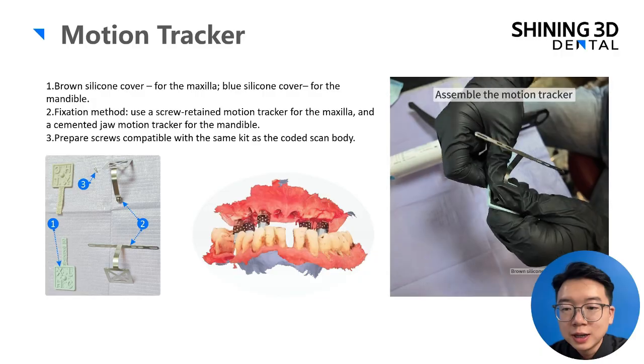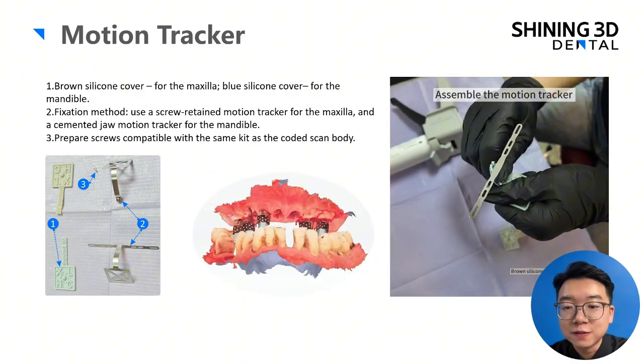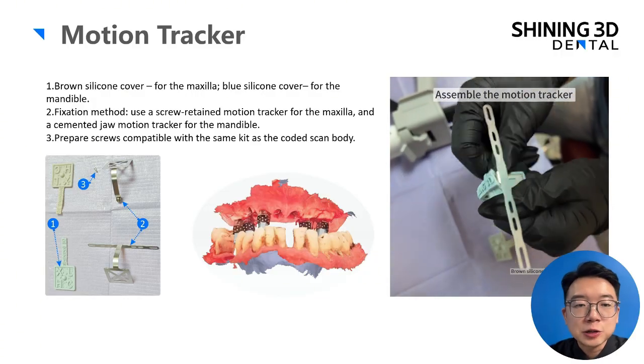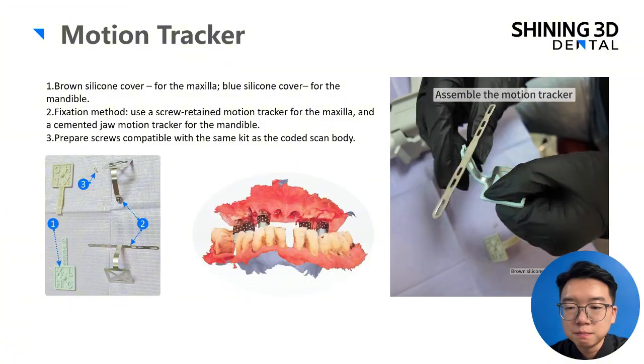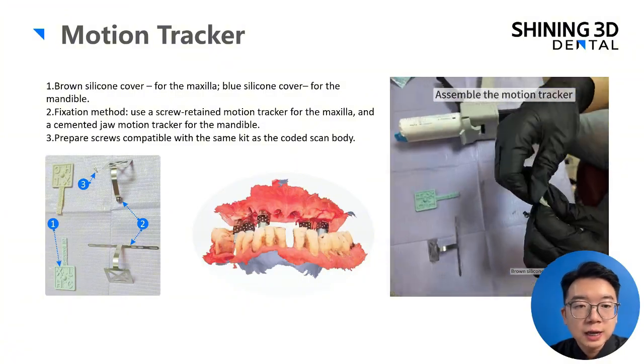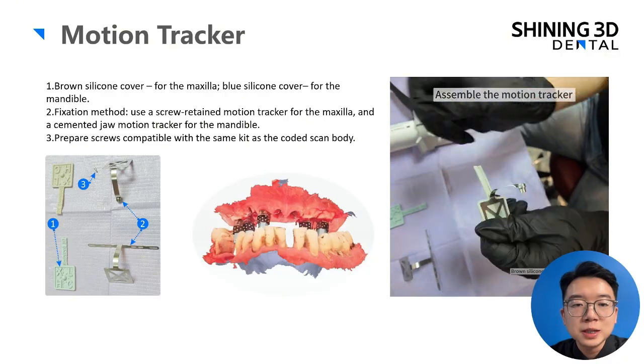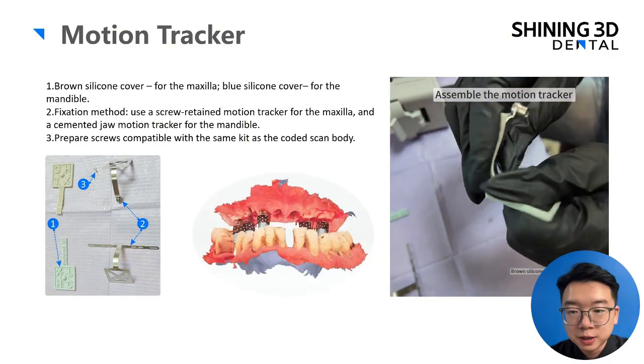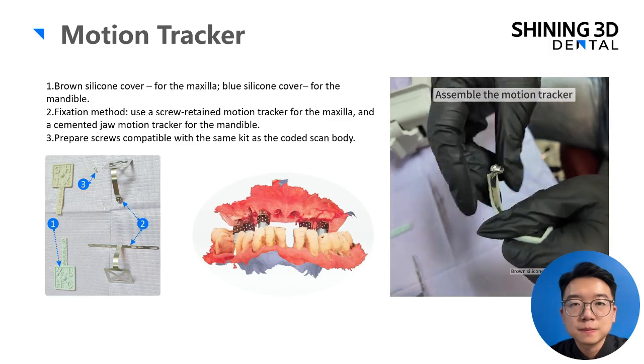So you can suit the needs of each specific case to use different motion trackers or different methods to stick the markers on, and prepare a screw compatible with the same kit as the coded scan body for this case.